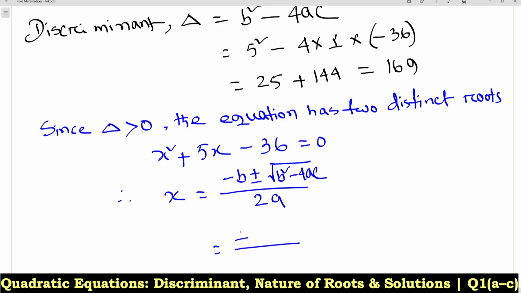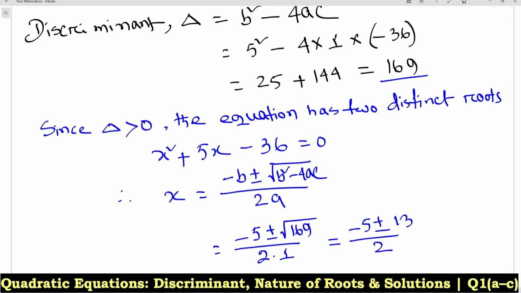So minus b means 5, right? And then plus minus root over b square minus 4ac, we already got the value, which is 169. So it will be root over 169 divided by 2 times a, which is 1. So finally here is minus 5, then plus minus root 169, which is 13, and then 2.